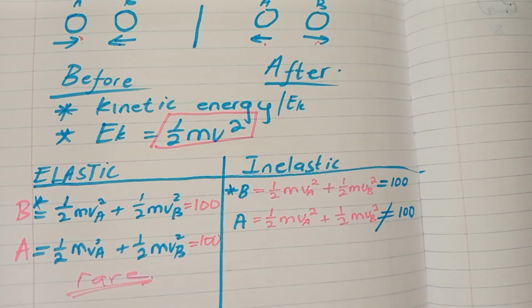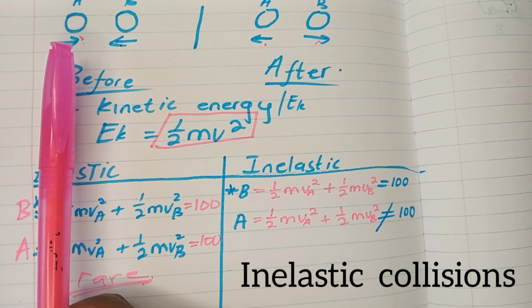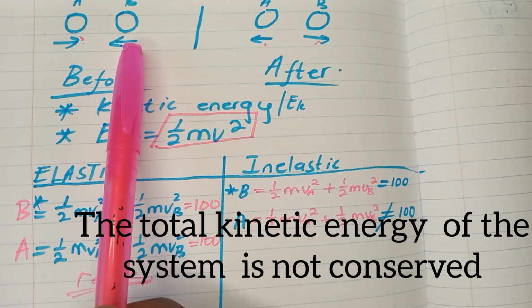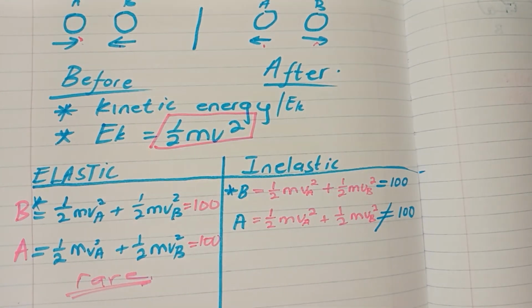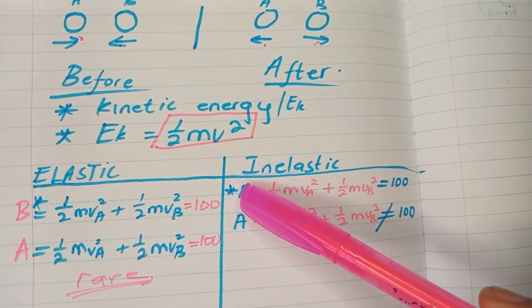Alright, so let us jump into inelastic collisions. Inelastic collisions are collisions whereby the total kinetic energy of the system is not the same before and after the collision. I've just made an example. This is before and this is after.